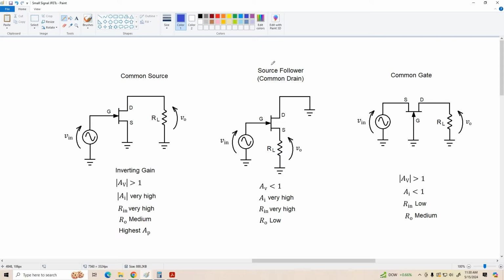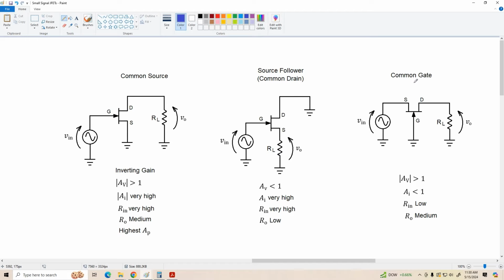The source follower, or common drain, which is equivalent to the emitter follower, has a voltage gain less than 1, but it has very high current gain, very high input resistance, and its output resistance is low, at least compared to the common source and the common gate, which we'll talk about next. This is equivalent to the common base amplifier.